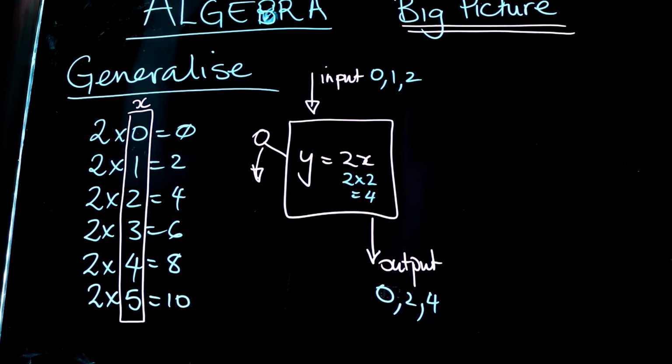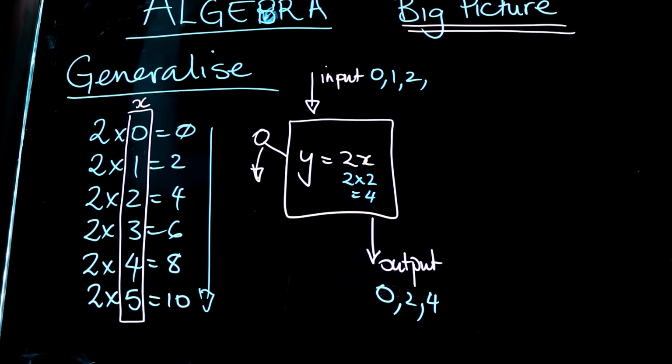We got 4, and we could just continue on down here, produce this pattern here. Now, the key thing to realize is that we can put any number we like into this machine. We put one number in as our input, and we pull the handle down over here, and we get one number out as the output.